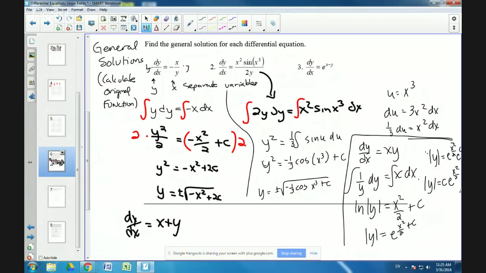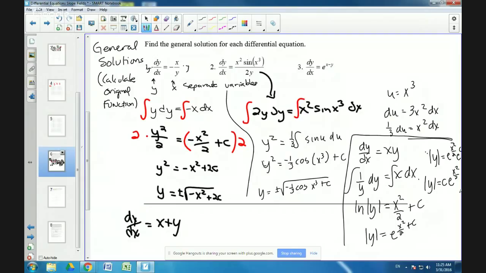We just don't know where to put it, okay? So tomorrow I'll show you how to place it in a certain spot. Any questions? This is an algebra exercise, really. If you can separate and integrate, the rest of it's algebra. And we'll get plenty of practice. Don't worry.